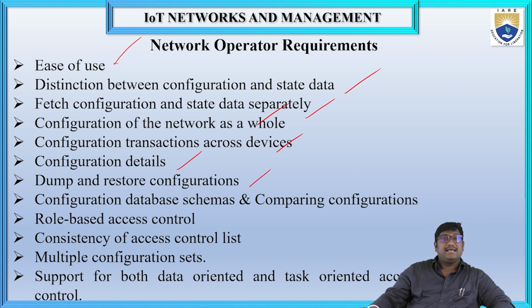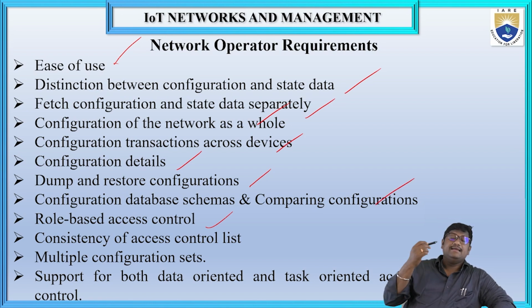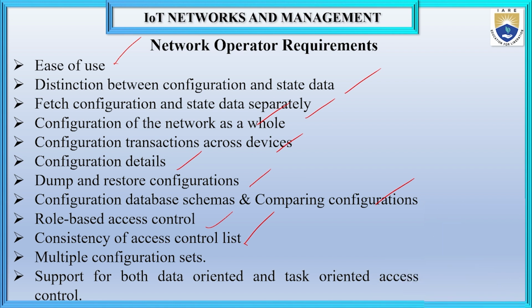And coming to role-based access control. In this role-based access control, what kind of role the device is playing in the network system, and what kind of access control links, for whom we need to provide access, for whom you need to provide security, all these things, consistency has to be maintained in the access control list.